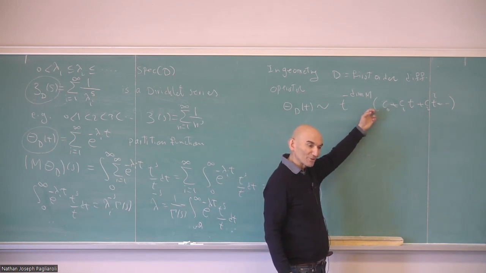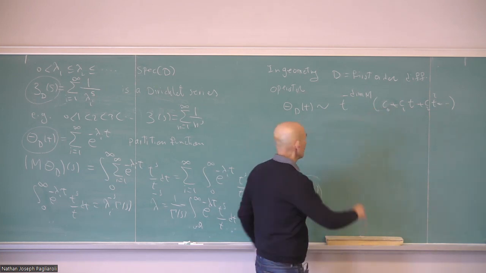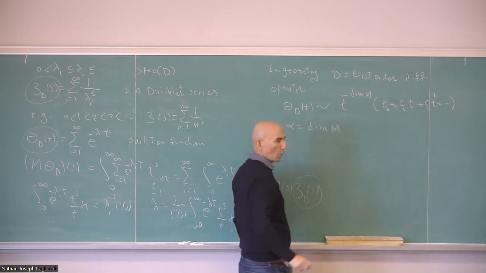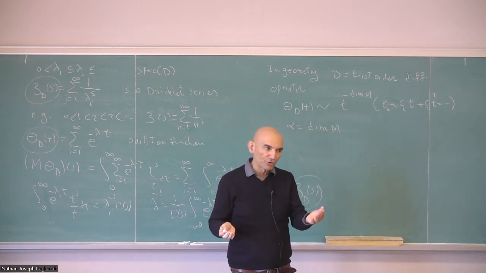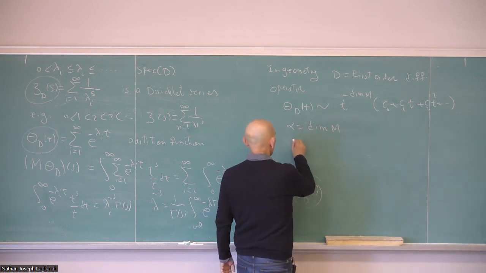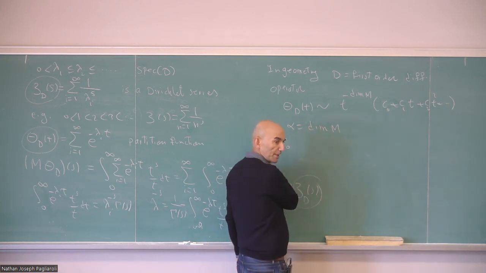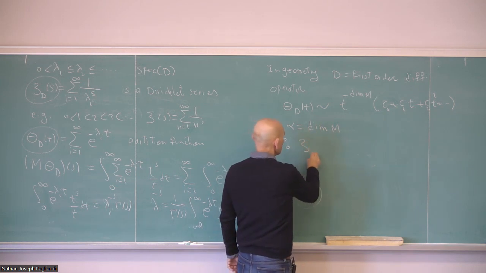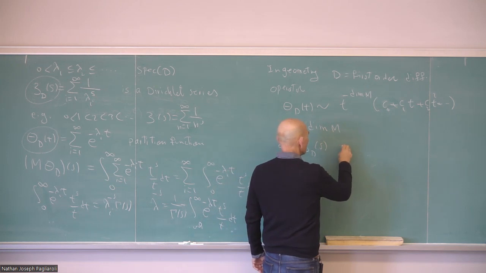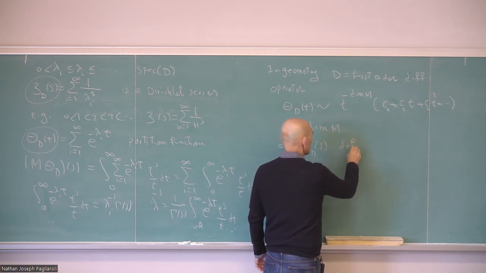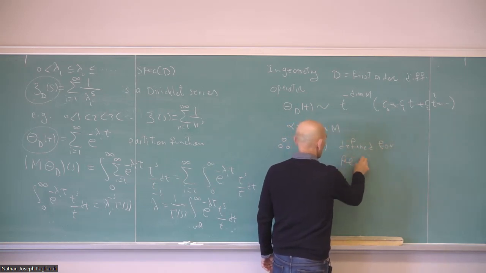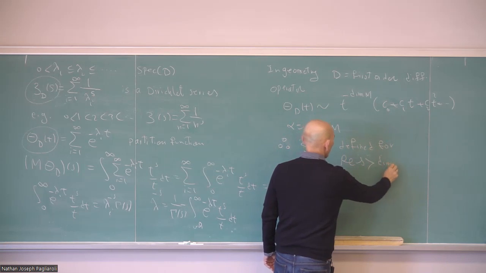So what does it show? Alpha is equal to the dimension of the manifold, right? So the zeta function is convergent for s bigger than the dimension of the manifold, by this statement that I made. Zeta_D of s is defined for real part of s bigger than the dimension of the manifold.